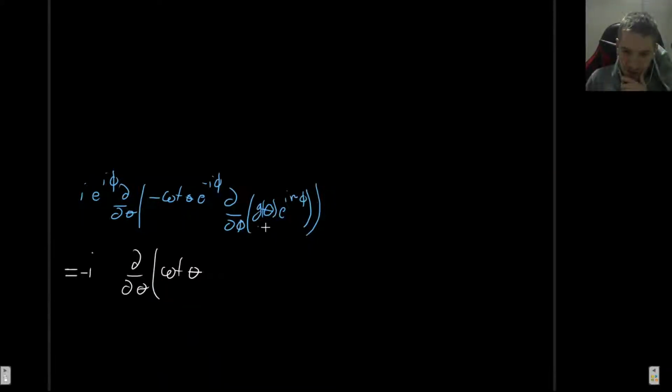And this derivative right here is going to be i m g of theta e^{i m phi}, since this g function is unaffected, and the derivative of the exponential is going to be i m times the exponential. So by doing that, we're going to get i squared, which is going to give us a minus sign, which will cancel out this minus sign.